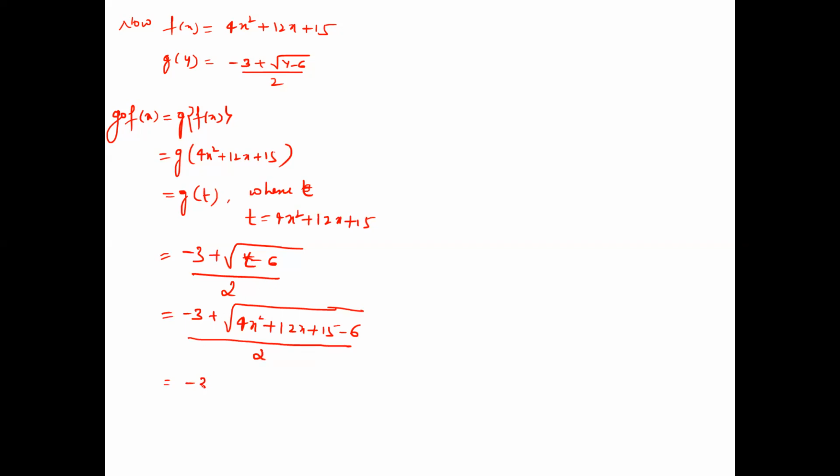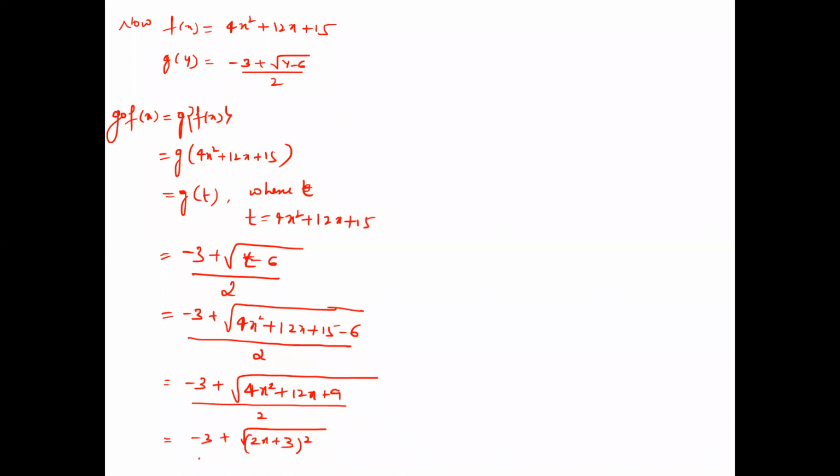Now minus 3 plus 4x square as it is, 12x as it is, 15 minus 6 means plus 9, divided by 2. Now this can be written as minus 3 plus the root of (2x plus 3) whole square, divided by 2. If you write 2x plus 3 whole square, what about this? 4x square is the first term, plus 3 square is the last term, and 2ab is 2 into 2, 4, 4 into 3, yes.